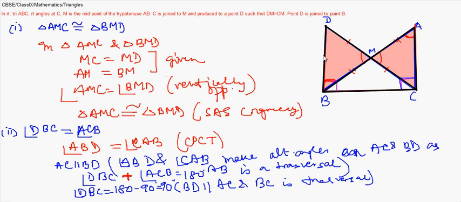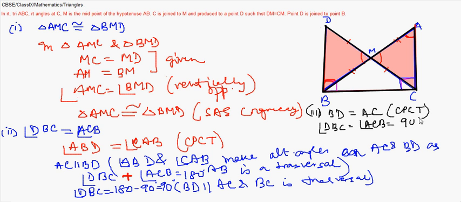Thereby, by CPCT, we derive BD equal to AC. I write this here: third part, by CPCT we must have derived BD is equal to AC. We also proved DBC to be 90 degrees, and it was given ACB is 90 degrees, and BC, the base, is common. So these two triangles are congruent.